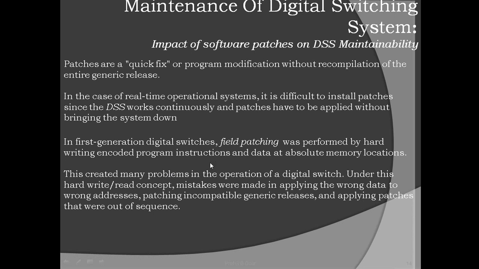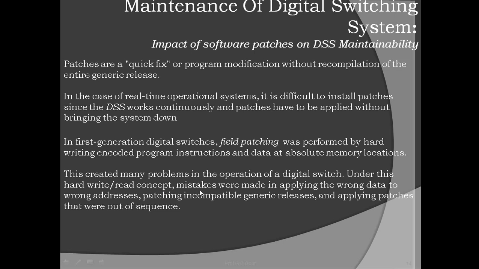So in the first generation of digital switches, field patching was performed by hard wiring, that is, hardwired encoding of data at absolute memory locations. Machine programming was used many years back. So this created many problems in the operation of DSS. Under this concept, mistakes were made in applying the wrong data to wrong addresses.